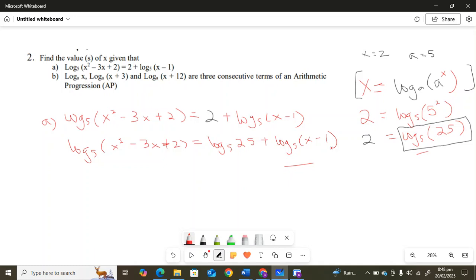That's with question A and B. That's the format you use. Put every term in the logarithm base that's given to you. Then you get rid of the logarithms. That's when you can now solve.